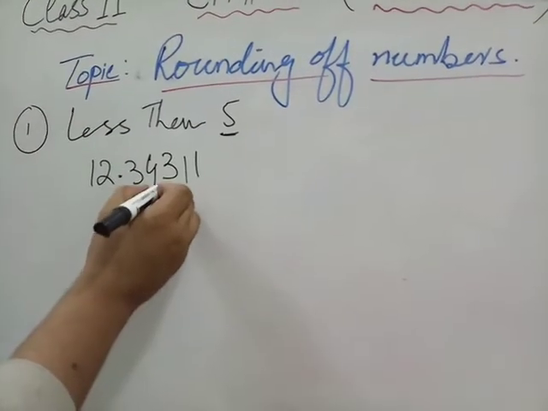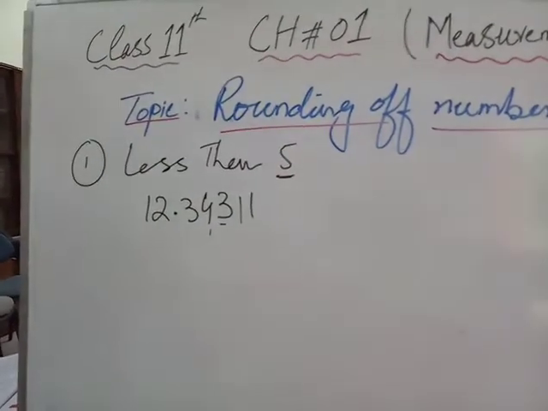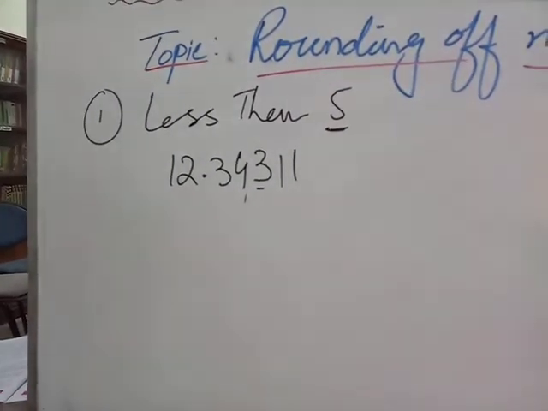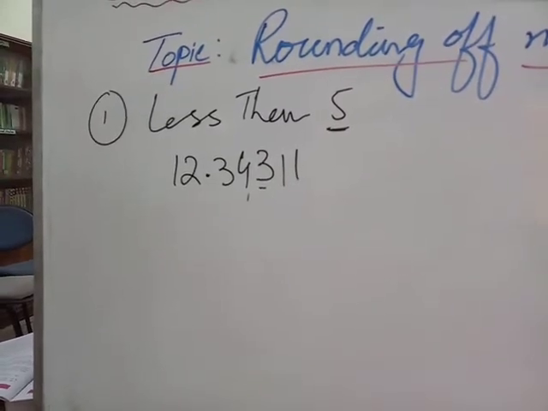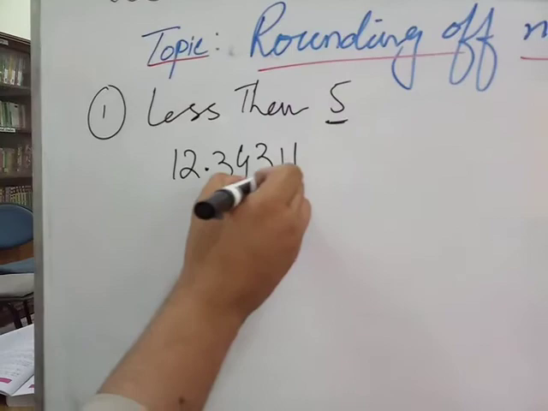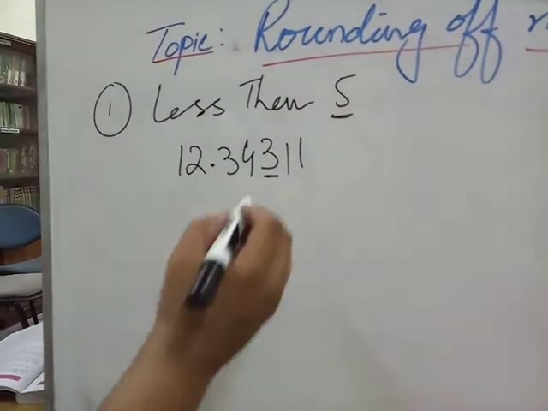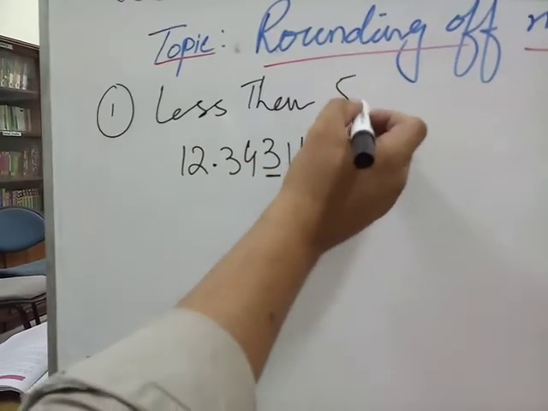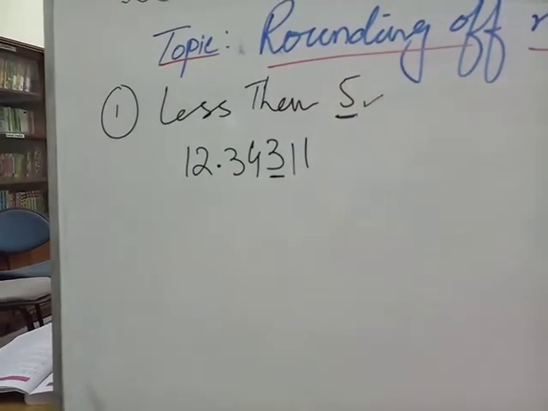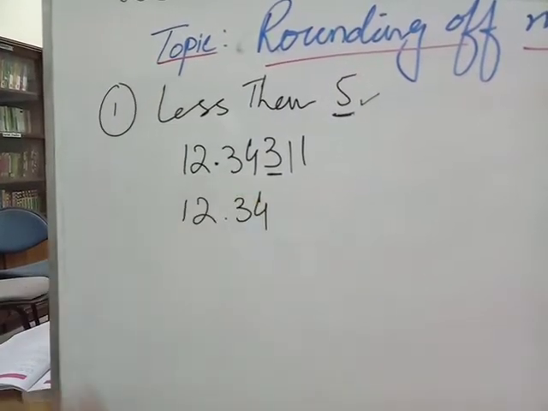So we are removing this 3, the digit at the third place after the decimal point. 3 is less than 5, so we can write this as 12.34.